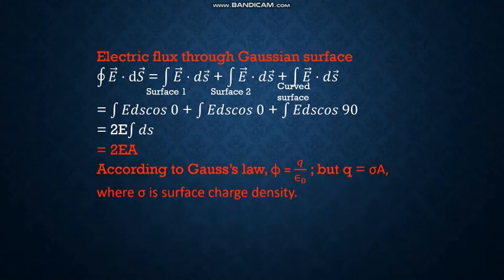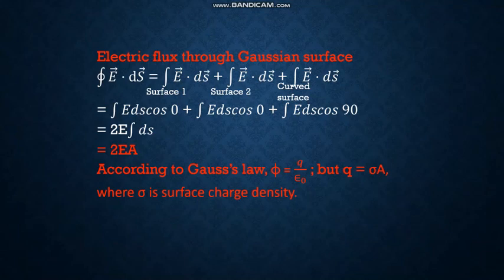According to Gauss's law, flux is equal to Q by epsilon naught, but Q is equal to sigma A, where sigma is the surface charge density, that is, the charge on unit area of the sheet.